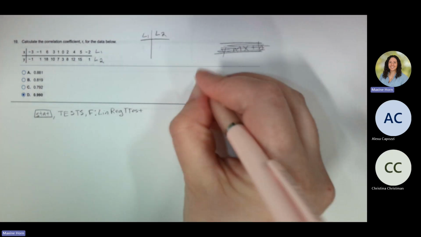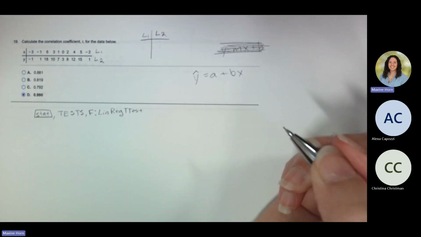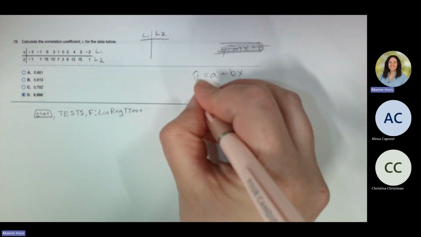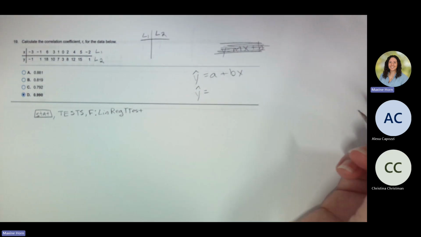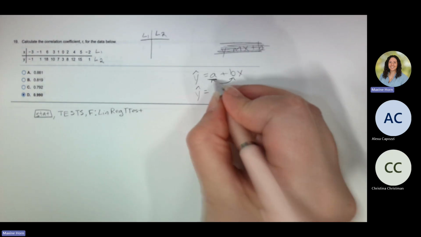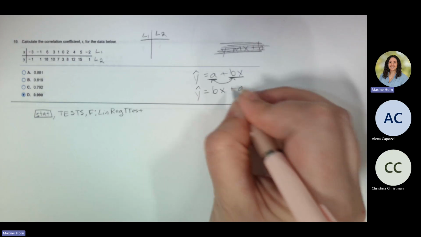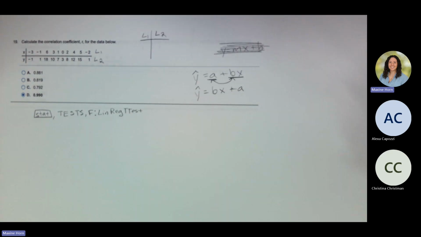But what the calculator is going to give us is y equals a plus bx. And for everything that we're going to be doing, remember that we're going to switch our 2 terms here, our a and our bx. We're going to write the bx first, and then we're going to write the a term. Okay, so that's just something to be aware of, right?